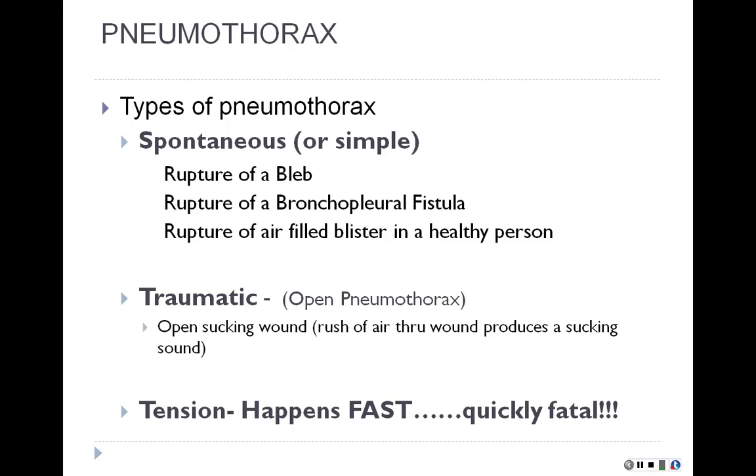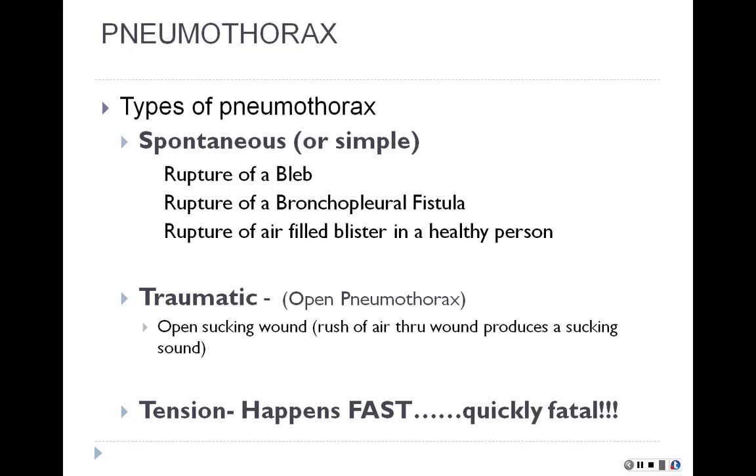Let's see. Barotrauma, again, is over-pressurizing during ventilation, and when Ms. Cobbs talks to you about that, you'll be going, oh, Ms. Lee talked about that. So when we get the traumatic, open pneumothorax, we have that sucking chest wound, and not only does the lung collapse, but the heart and the great vessels shift, because on inspiration they shift toward the uninjured side, and on expiration they shift toward the injured side.